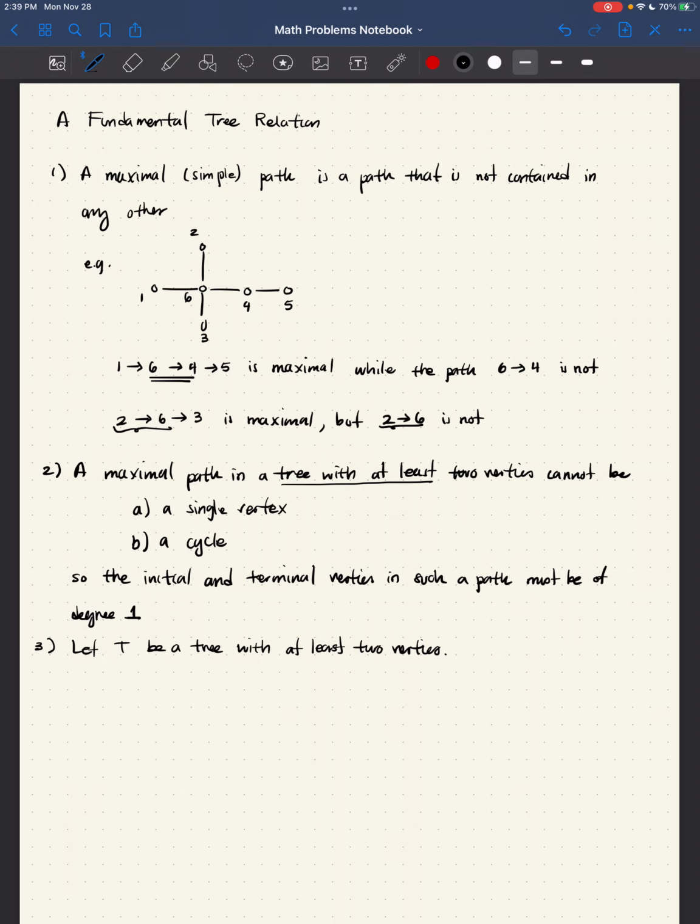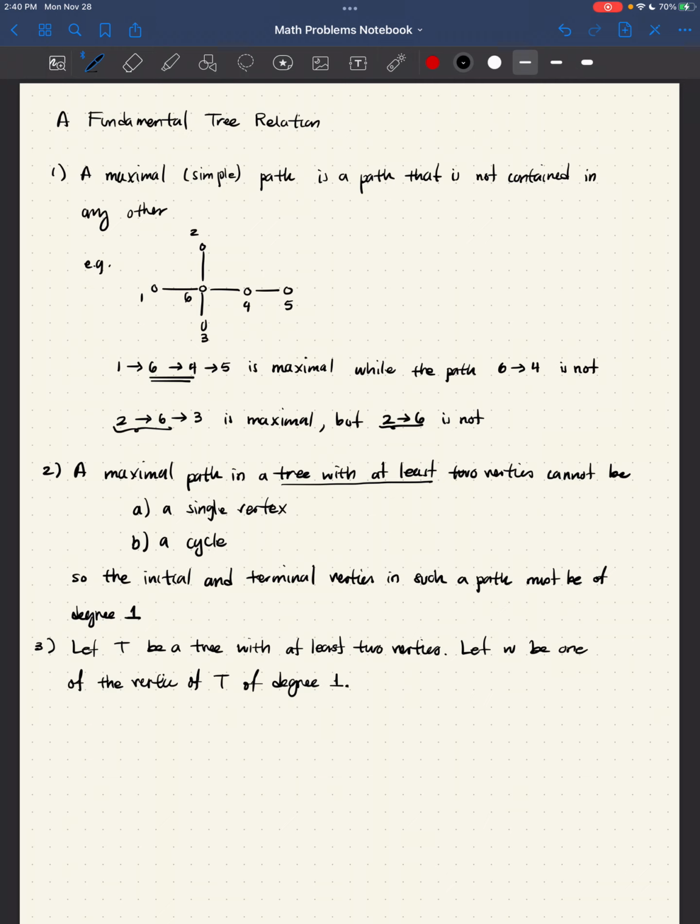Let W be one of the vertices of T of degree 1. There should be at least one such vertex. Why? Because there's at least one maximal path, and in that maximal path, there are at least two vertices of degree 1, the terminal and the initial one.